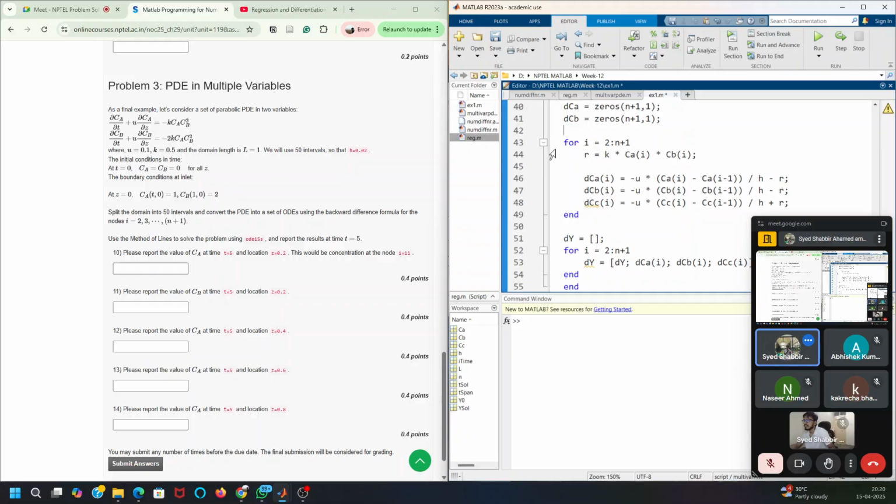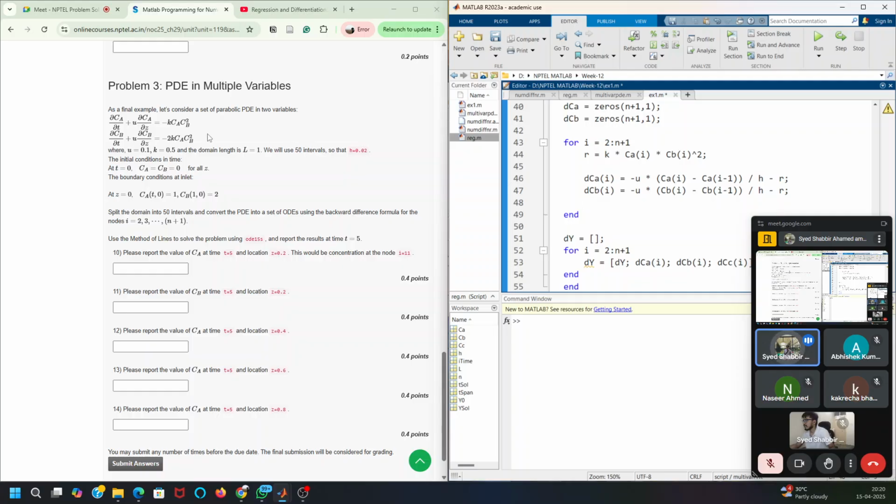R is K into CA CB squared. We have to just square this, and this we will remove. This is already there, it's the same thing.